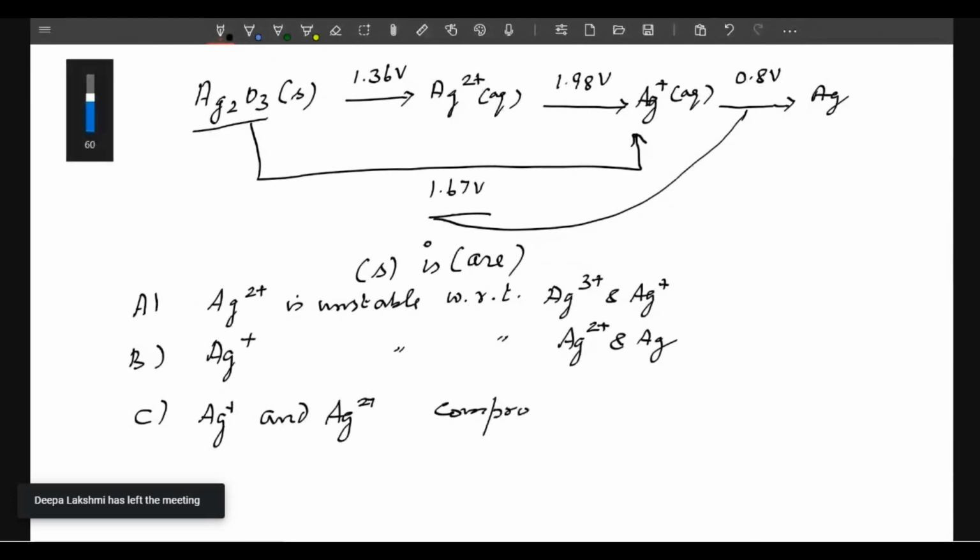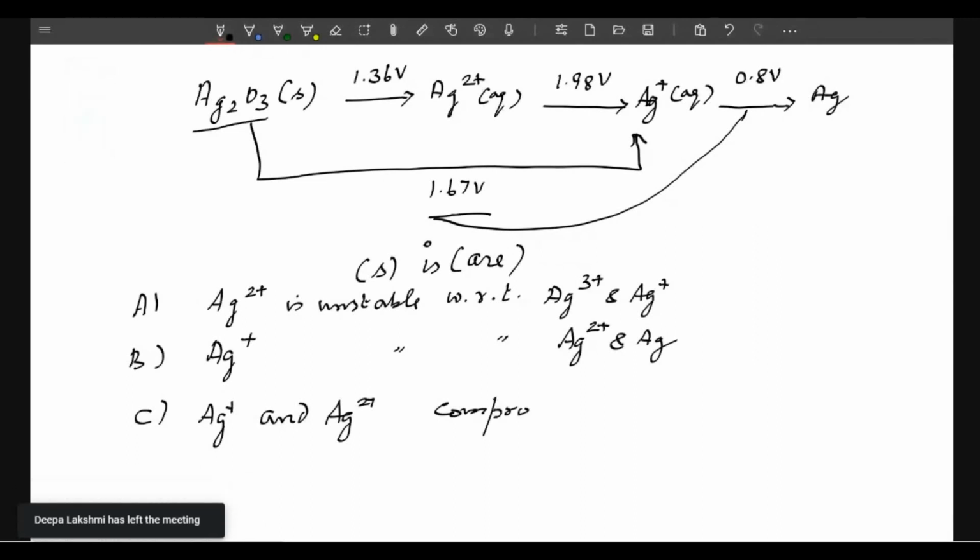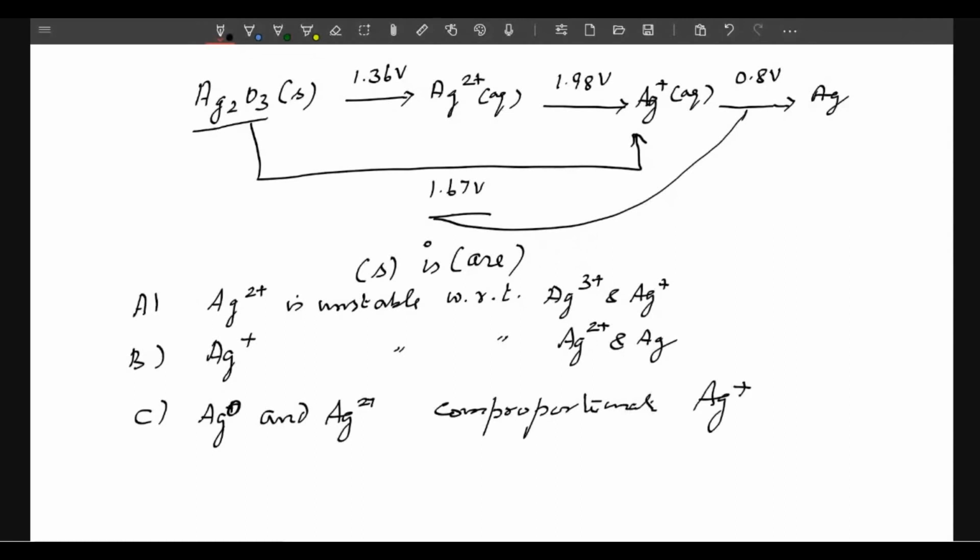Put it like this: Ag is 0 and Ag2 plus undergoes comproportionation to Ag plus.